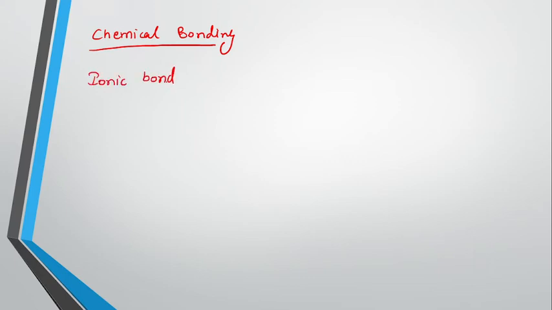Okay. Now coming to the chemical bonding. There are different types of bonds. For example, ionic bond. What is ionic bond?